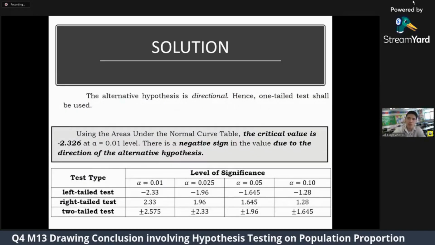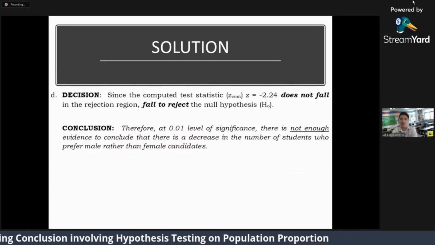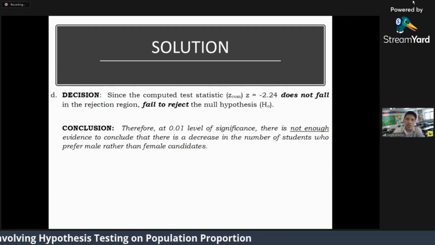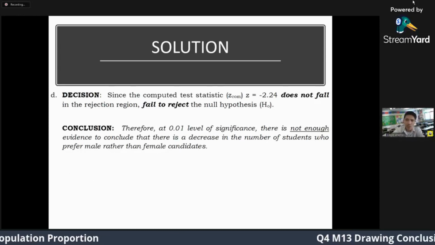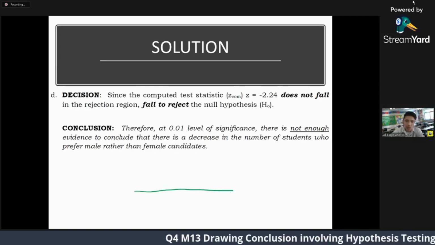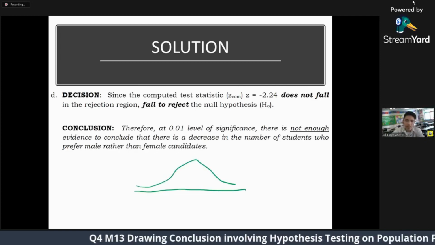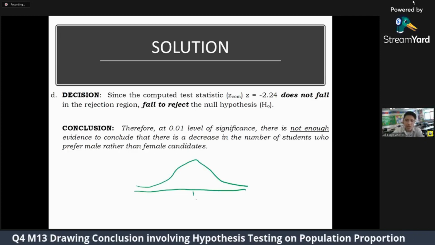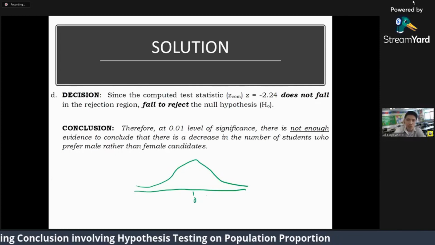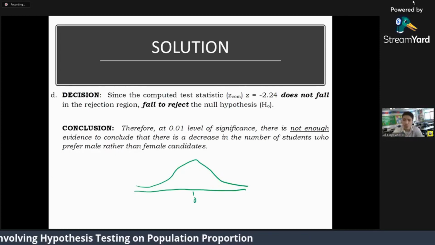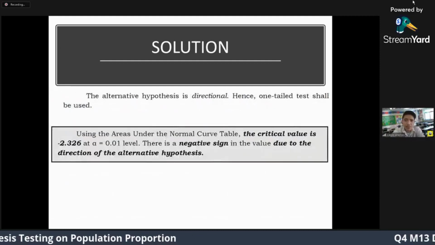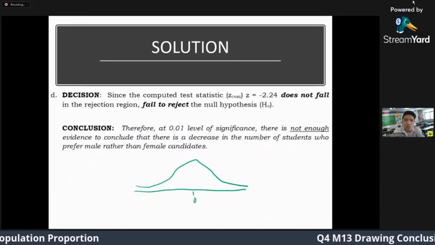Okay. So after that, we decide, depending on what you use. Let's say you use the normal curve. Here is 0, and our computed value is negative 2.24.